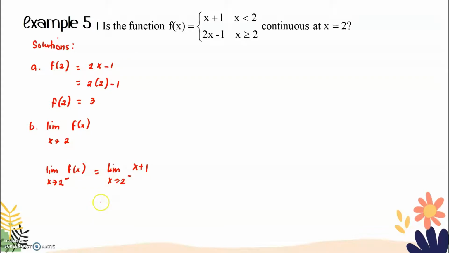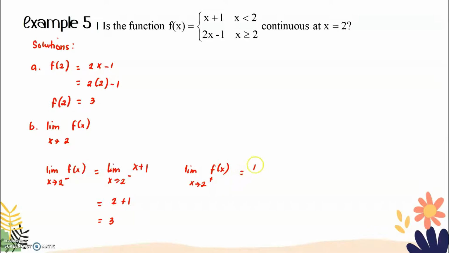We can now use direct substitution. So you have 2 plus 1. So the left-hand limit of our function is 3. Now let's have the right-hand limit. Let's solve for the limit of f of x as x approaches 2 from the right.